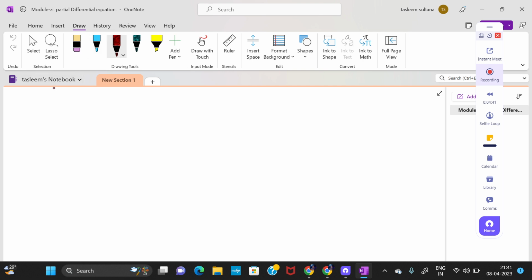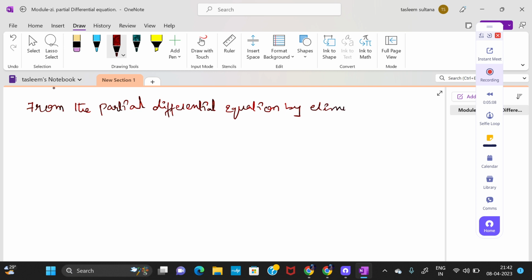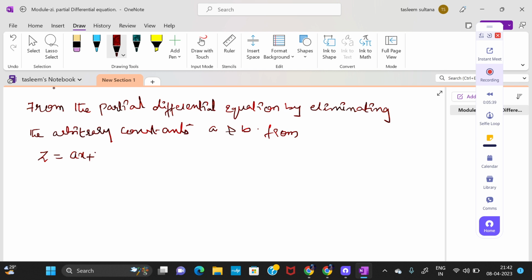Your question: form the partial differential equation by eliminating the arbitrary constants a and b from z is equal to ax plus by plus a square plus b square.